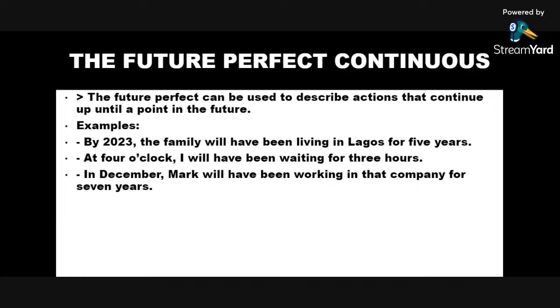Okay, for example, if you are lodging a complaint to someone and you come up with your time calculation and say, look, I came in here at such a time and I've been waiting since then. And it's almost 4 o'clock. At 4 o'clock, I will have been waiting here for 3 hours. And some people came in just a few minutes ago and they were attended to.